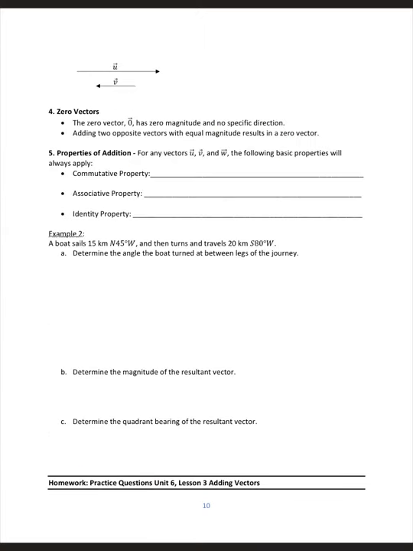So we have two parallel lines here again. So if I wanted to take the smaller vector, I'm just going to think about translating that.